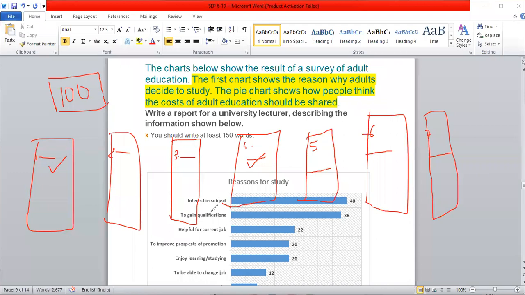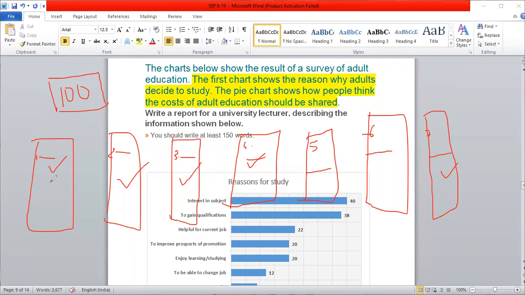If I give these questions to a second person, they might check question number 3 and question number 7, and submit it. So different people will be marking different questions.